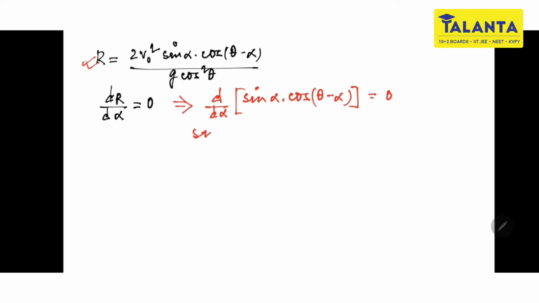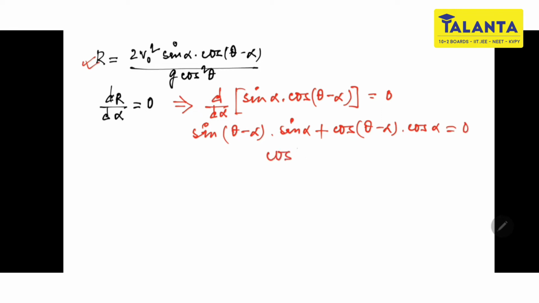That means sin of theta minus alpha into sin alpha plus cos of theta minus alpha into cos alpha equals to 0.